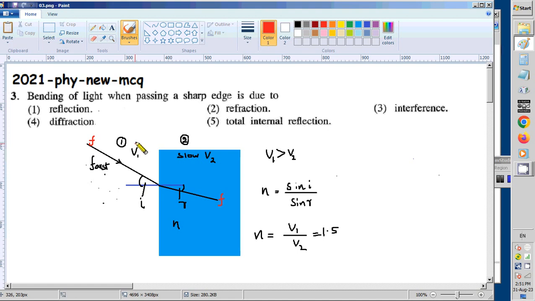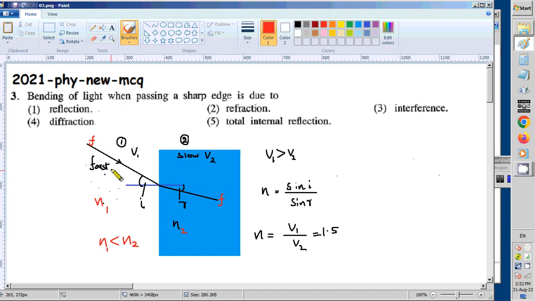The velocities: v1 is greater than v2. Then the refractive index n1 is smaller. If it is air, the value is 1, and from air to glass, this one is 1 and this one is 1.5. That is the relationship between refractive indices.